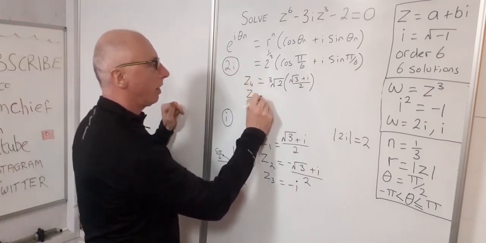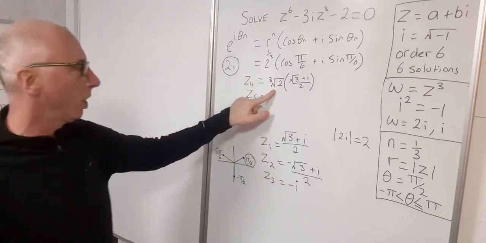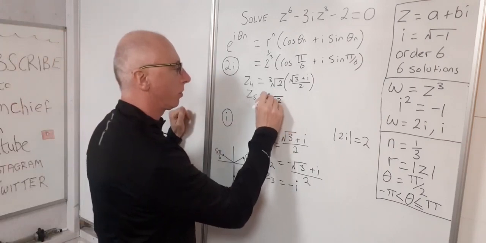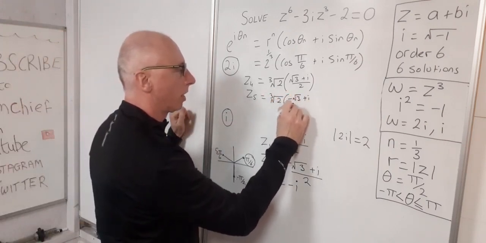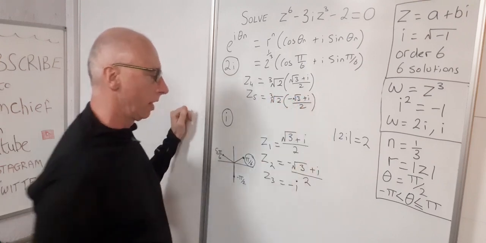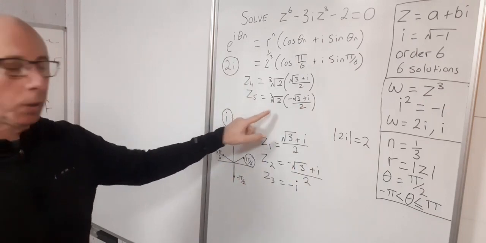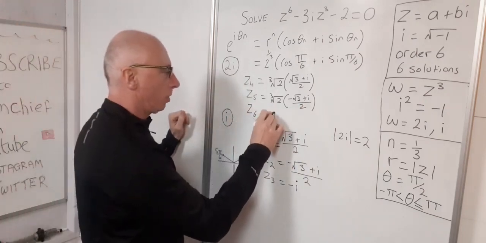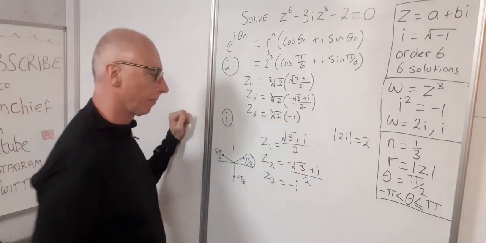My z5 will be the same as before, with the multiple of the cube root of 2. So z5 will be the cube root of 2 times minus root 3 plus i, all over 2. And then my sixth one will be the same with this multiple. So z6 will be the cube root of 2 times minus i.